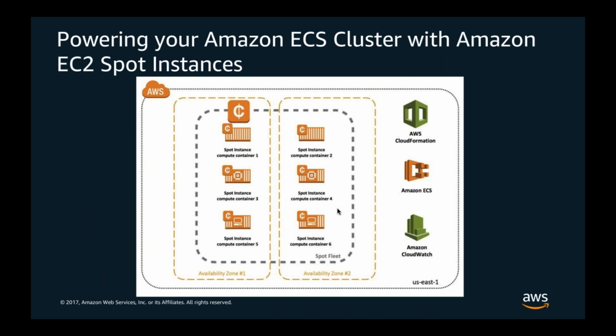So as I head to my last slide, I just wanted to demonstrate a reference architecture here that is showing an example of running an Amazon ECS cluster, a containerized cluster on top of EC2 Spot instances, and so combining the power of ECS, right, the EC2 container service on top of Spot instances, and then you start to combine CloudFormation and CloudWatch, which allows you to scale up and scale down your compute capacity based on the amount of applications or containers or whatever it is that you're running within your containerized environment.